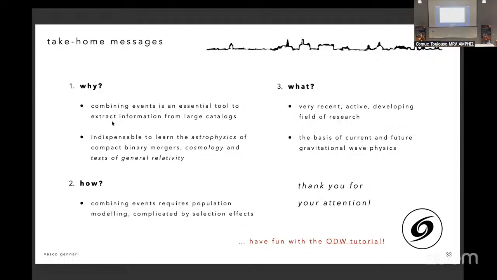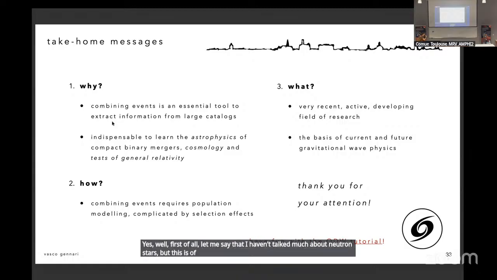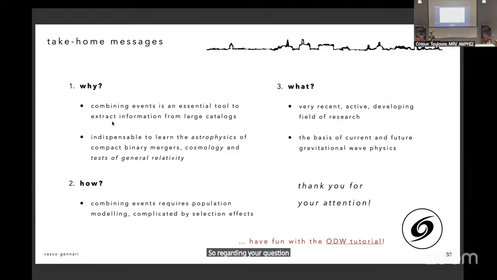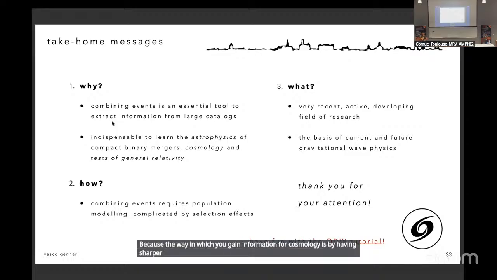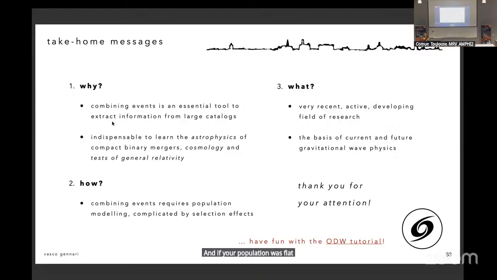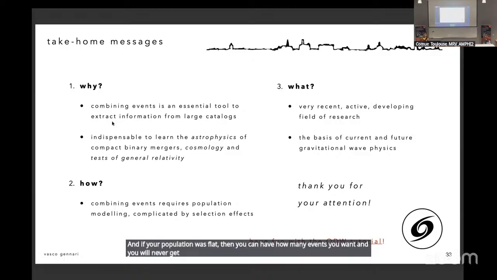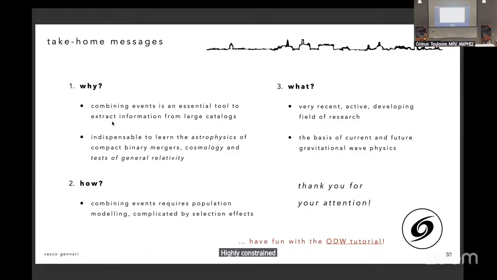Yes, well, first of all, let me say that I haven't talked much about neutron stars, but this is, of course, another population that people are very much interested in. Regarding your question, it really depends on the actual underlying population, because the way in which you gain information for cosmology is by having sharper features in the population. If your population was flat, then you can have as many events as you want, and you will never get a highly constrained measurement of the Hubble constant.